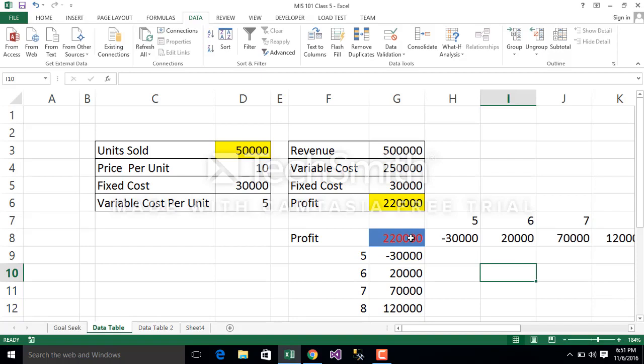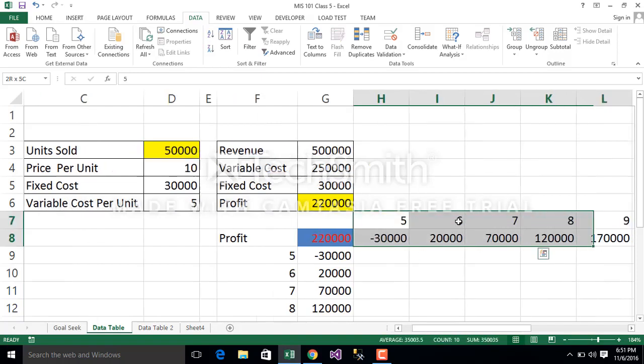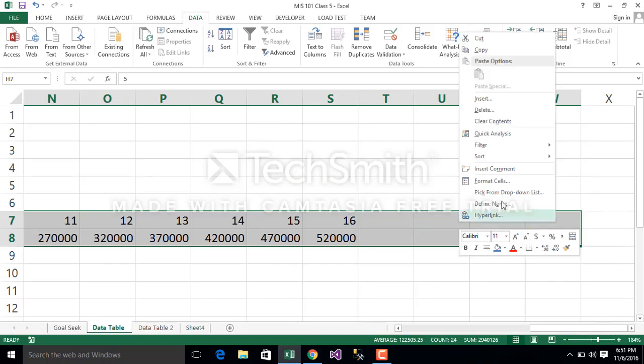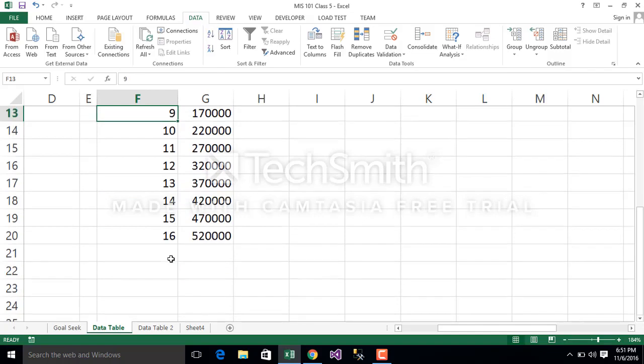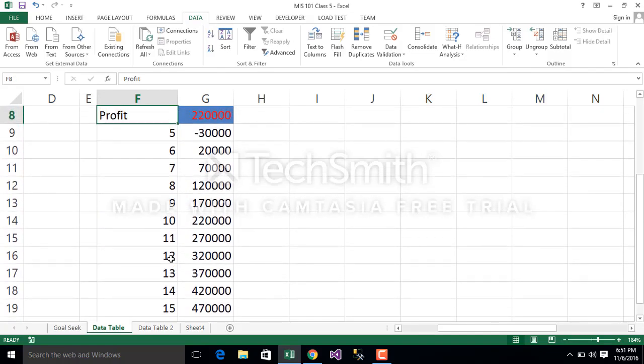What we have to do is put some values in a row or column. For this problem, we take it in a row, and this data we can input in a row.